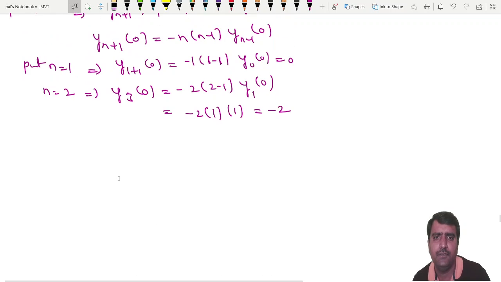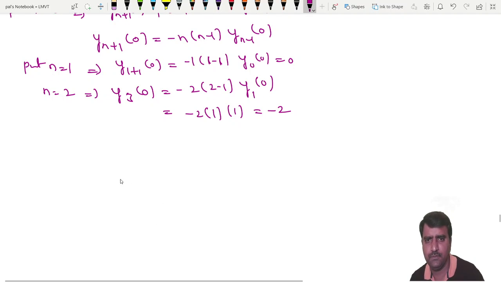To find y4, you take n is equal to 4. Sorry, n is equal to 3.